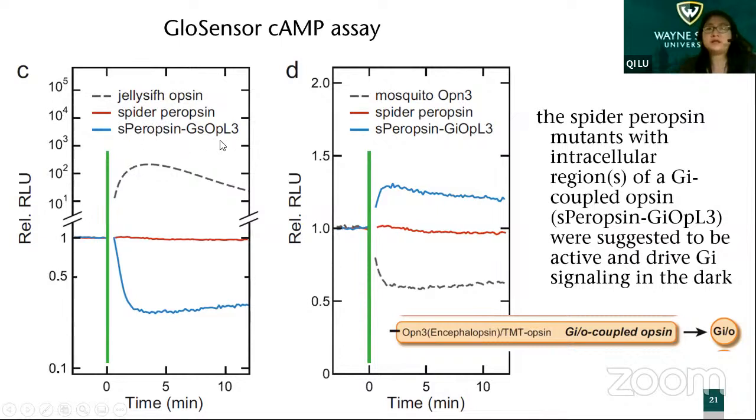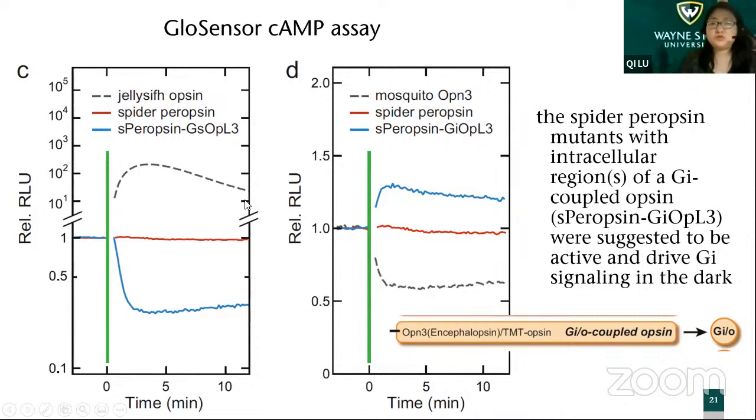This is a peropsin from spider, with some necessary mutations that make it a Gi-coupled opsin. We can see that after shining the activating light, the cAMP is decreased in this Gi-coupled opsin. It will have no effect with the original one, and the jellyfish opsin will have an increase.